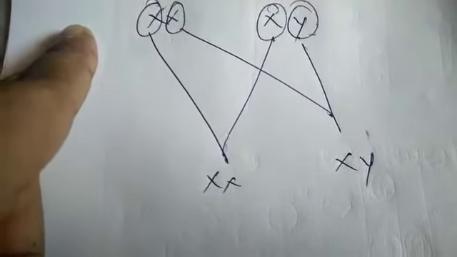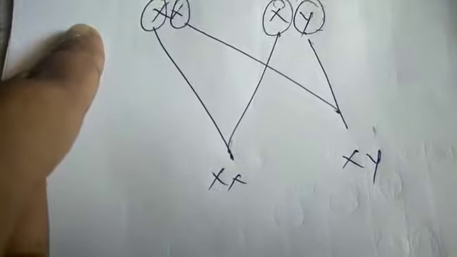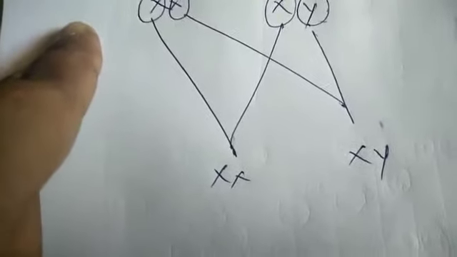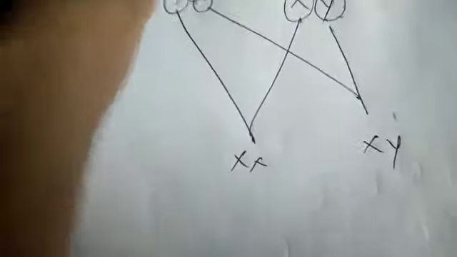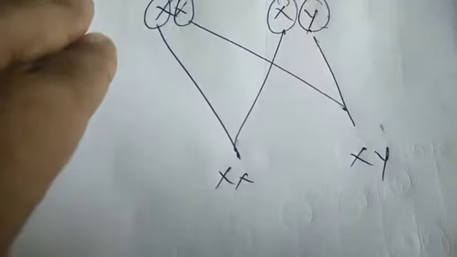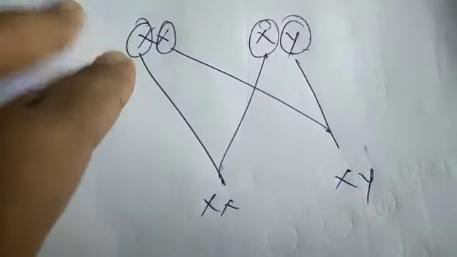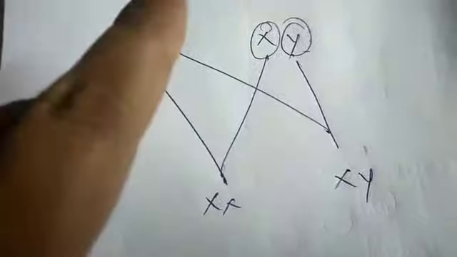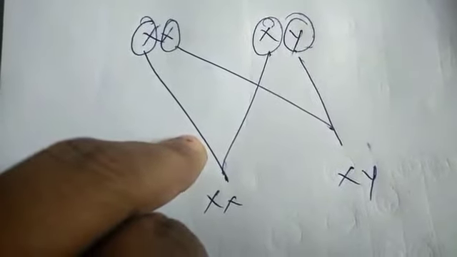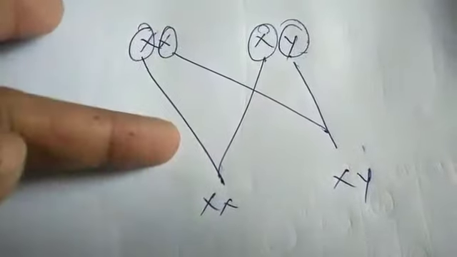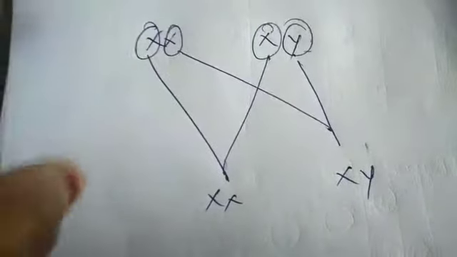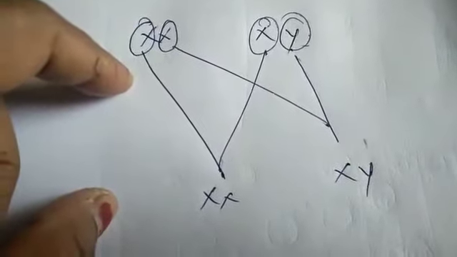The ovum always contains one type of chromosome, that is X only, while the male produces two types of sperms, 50% having X, 50% having Y. If X fertilizes with X, you get a daughter. If Y fertilizes with X, you get a male. This is the very simple sex determination given by the scientists.